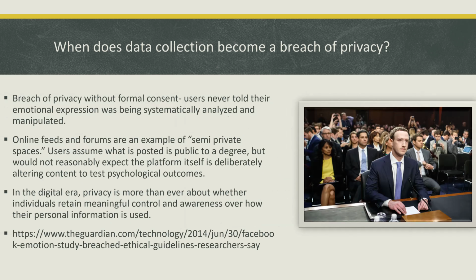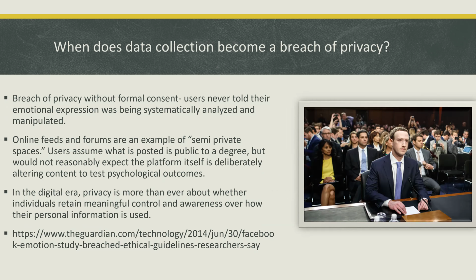When individuals share personal updates, reactions, and emotional expressions on social media, they may understand that that data may be collected or even viewed. But there is a meaningful difference between passive data collection and active experimental manipulation. In this case, the platform, being Facebook, did not simply observe behavior, it intervened in users' informational environment in order to shape it, and that raises concerns about confidentiality.